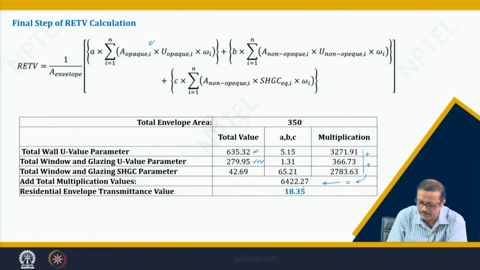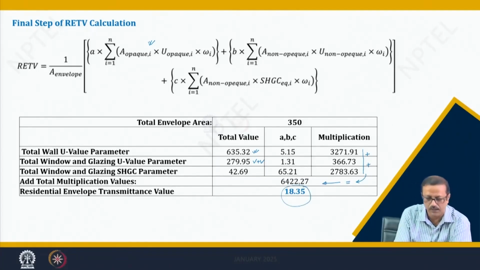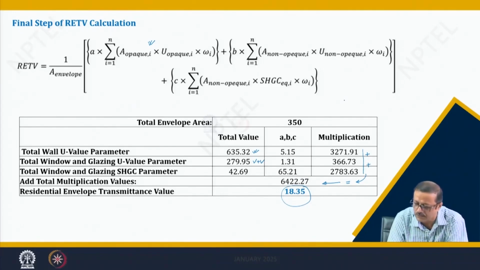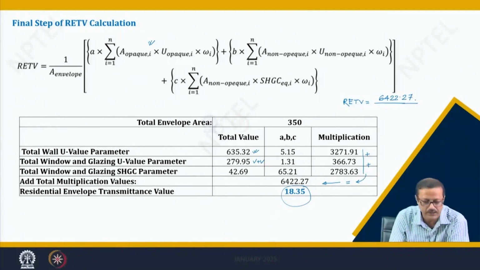Now, how did I get 18.35? 18.35 is this 6,422 big third bracket value, and this RETV will now be 6,422.27 divided by the envelope area.